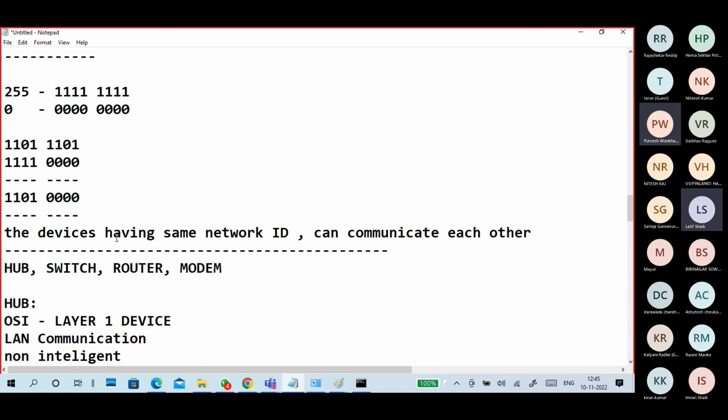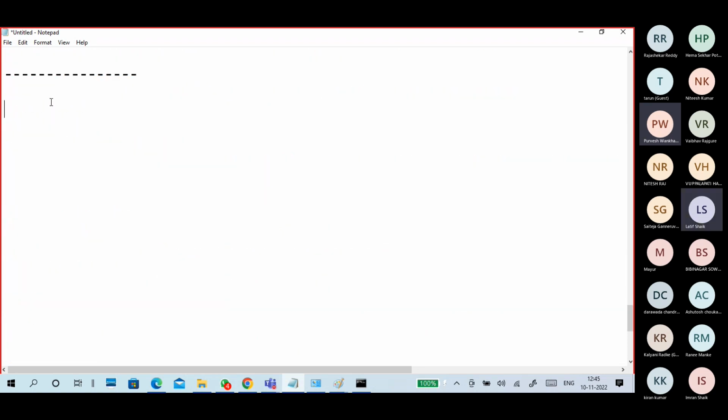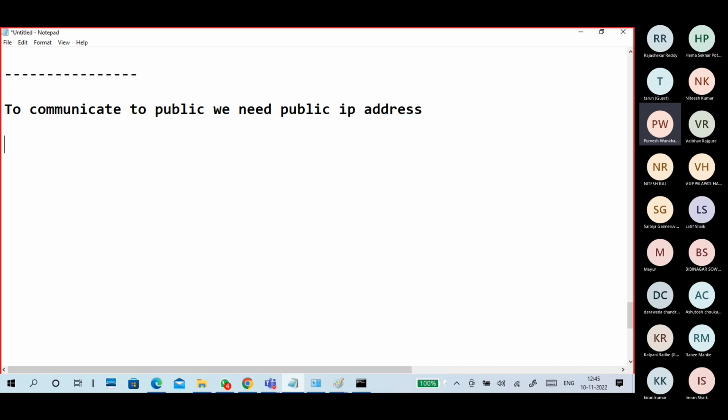What is a private IP address, guys? Anyone knows? To communicate in public, we need a public IP address. Public means the internet.